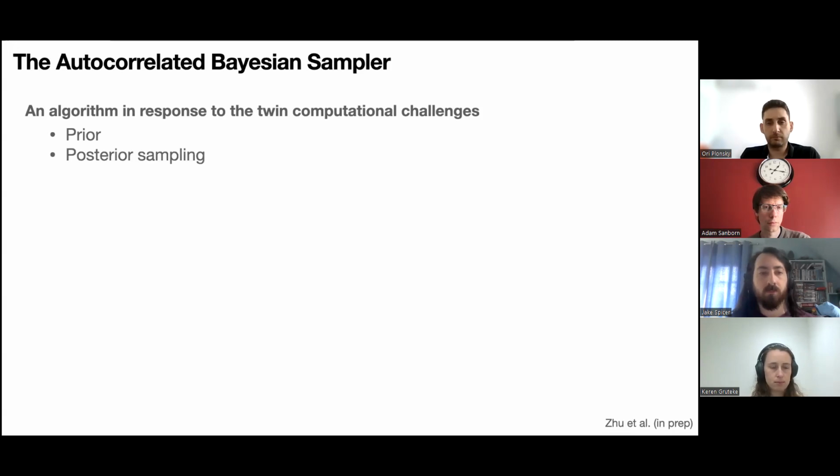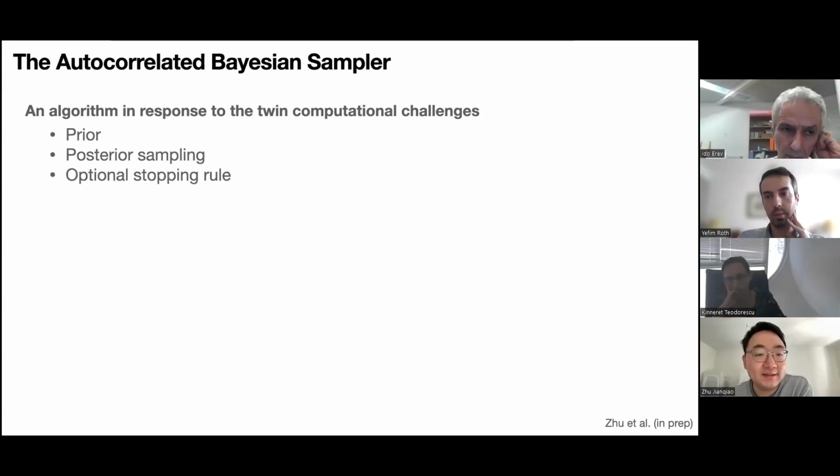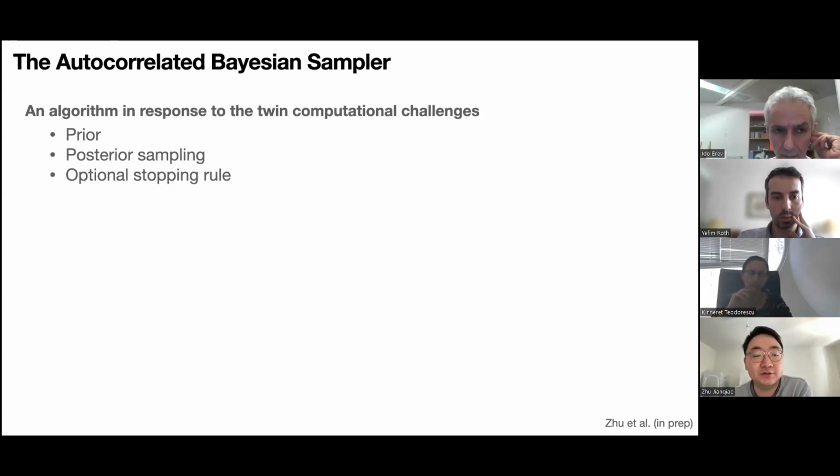And we also assume people arrive at a posterior, but this posterior is intractable. And then there is some posterior sampling strategy used to approximate that exact posterior. And we also introduce an optional stopping rule to terminate this posterior sampling process.